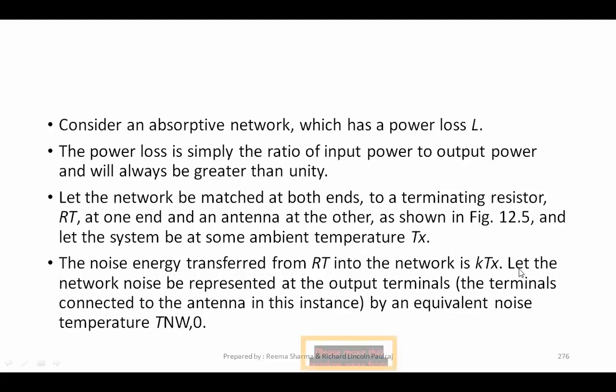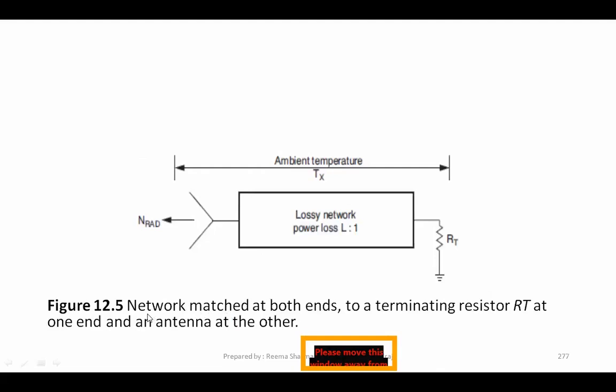Okay, K times Tx. So let the network noise be represented at the output terminals by an equivalent noise temperature, Tn, noise temperature, W0. So this is nothing but your network matched at both the ends.